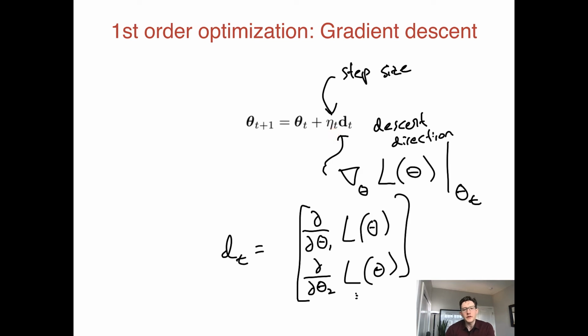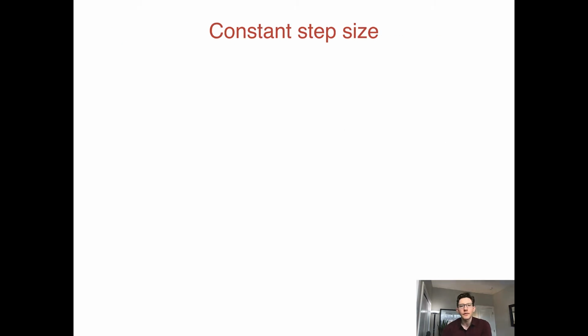I'll talk in a minute about why we might or might not want to use a constant value. All of our first order optimization algorithms take this form, and we're going to talk about a couple of different flavors of gradient descent algorithms that depend on different choices of our step size and our descent direction.